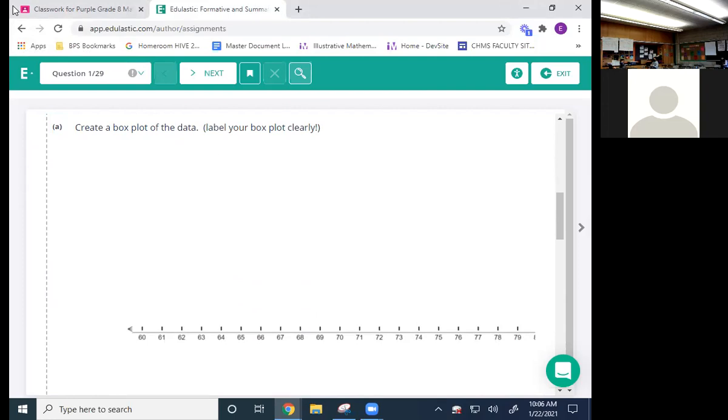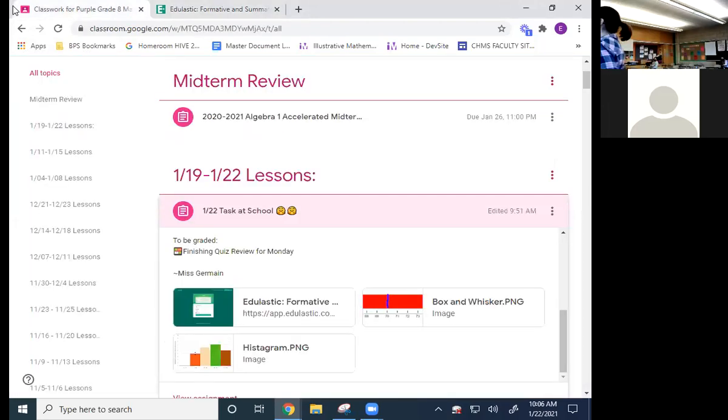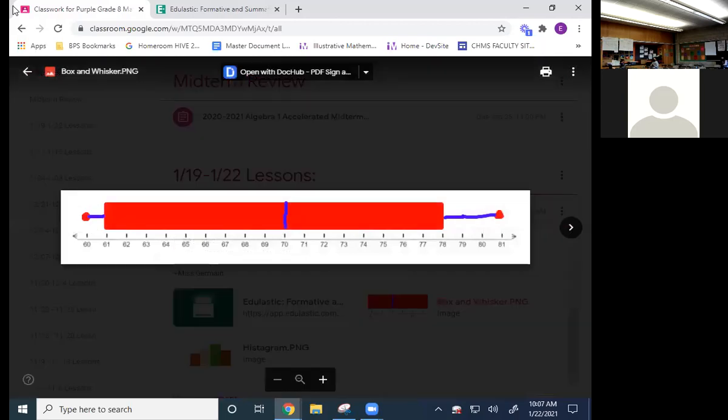Instead of using these tools, because I showed you how to do this before, I'm going to pull up the picture of what your box plot should look like. I attached this image to the assignment, so for number 1, the box and whisker plot picture is here.